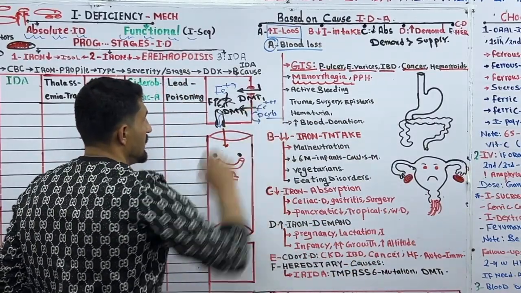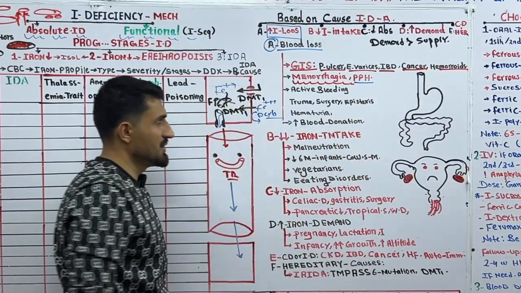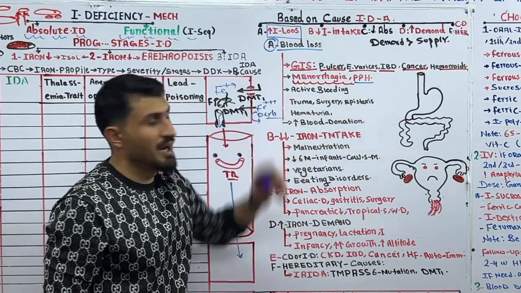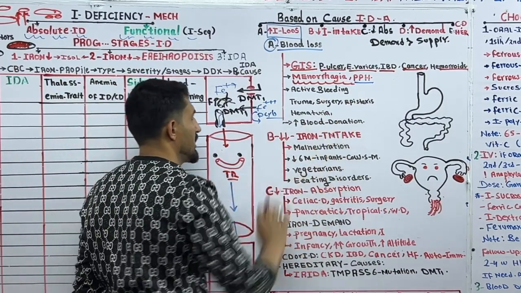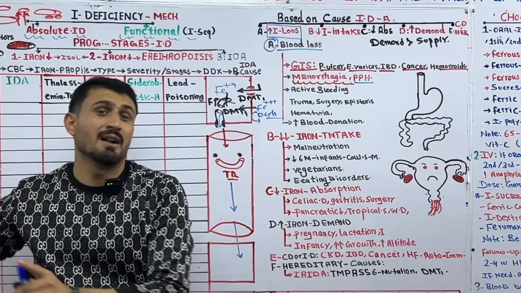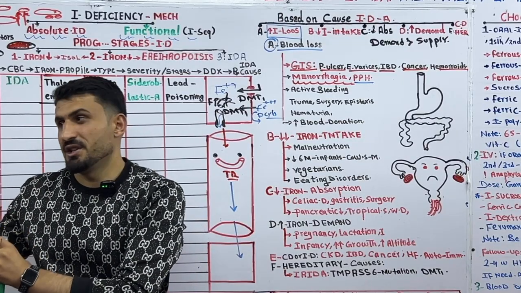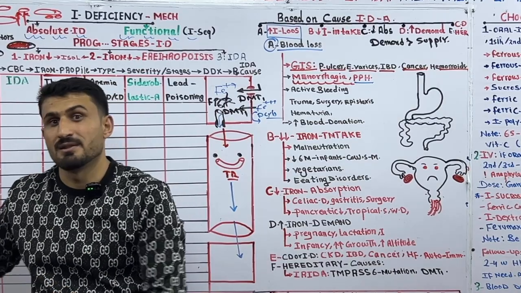So this is called menorrhagia. Postpartum hemorrhage is another cause of blood loss in our body. Postpartum hemorrhage means bleeding after delivery, where the patient loses more than 500 ml of blood.